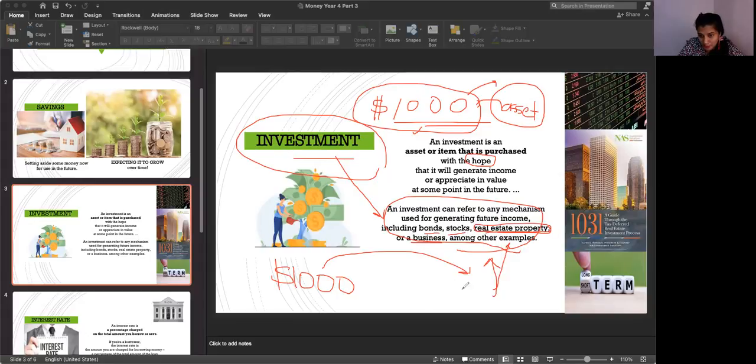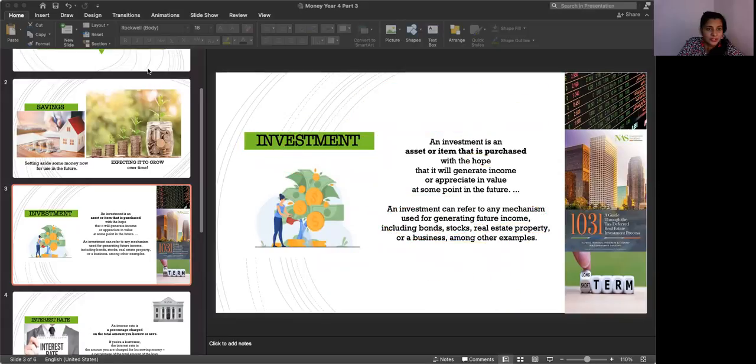Do you want to end up with less money? Obviously not, right? So you would expect that this 1,000 becomes maybe 2,000 over 5 years or 10 years or 1 year. These are examples of places where you could put this money to grow. That's investment. Let's clear the drawing and move on to the next slide.